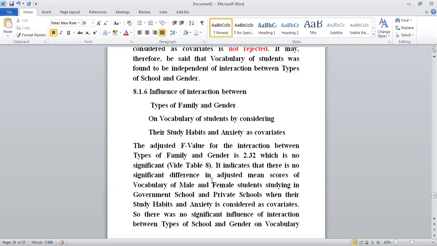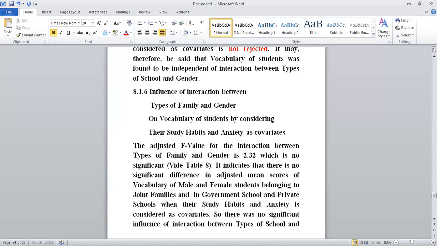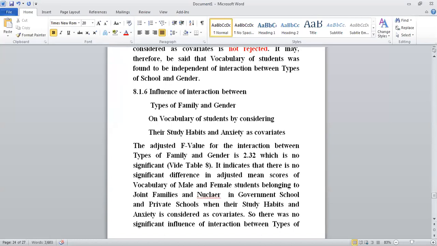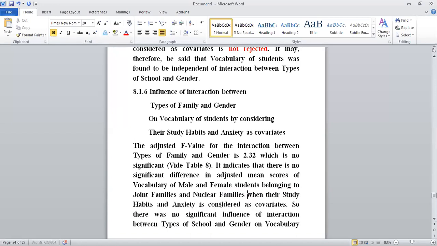It indicates that there is no significant difference in adjusted mean scores of vocabulary of male and female students belonging to joint families and nuclear families when their study habits and anxiety is considered as covariate.